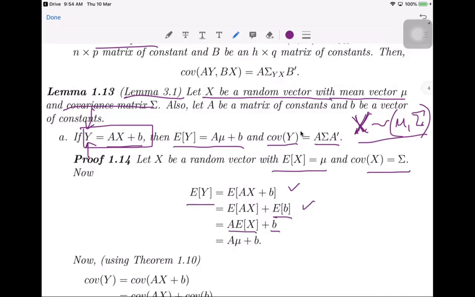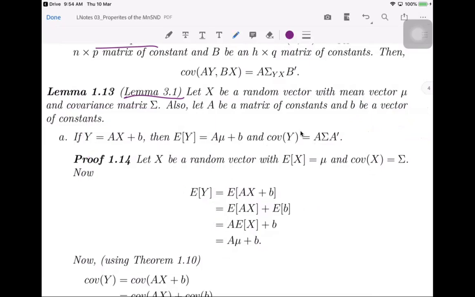From the previous result, the expectation of a constant matrix times the random variable is just equal to the matrix times the expectation of X. But we know that the expectation of X is equal to mu. So the expectation of Y will be equal to A mu plus B.